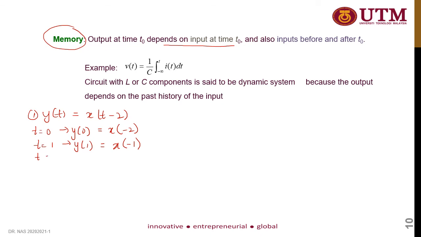If t equals negative 1, y(minus 1) equals x(minus 3). If we look at the current state, the output of the system at t equal to 0 depends on the input at the past state, t equal to minus 2. The same goes for these other values. Therefore, the system is a memory system. A memory system is also known as a dynamic system.